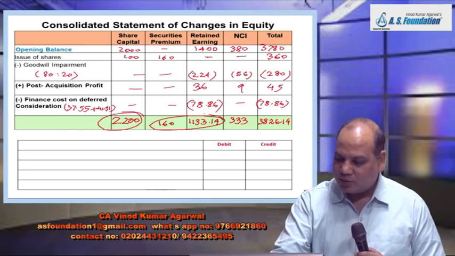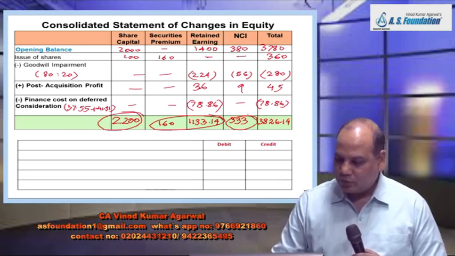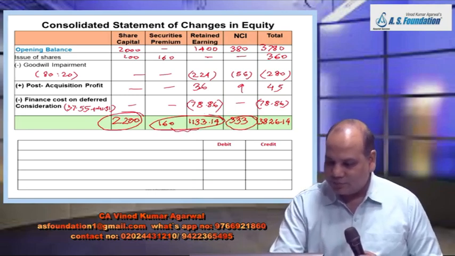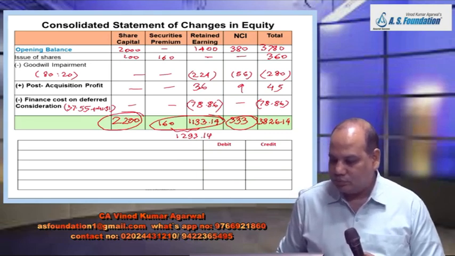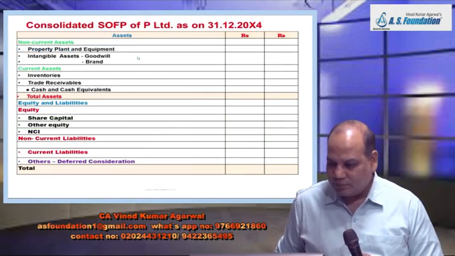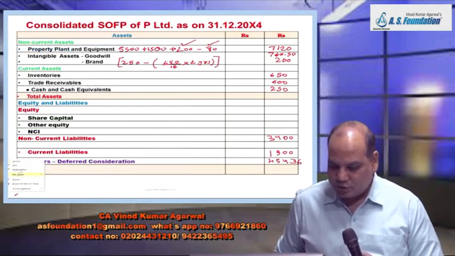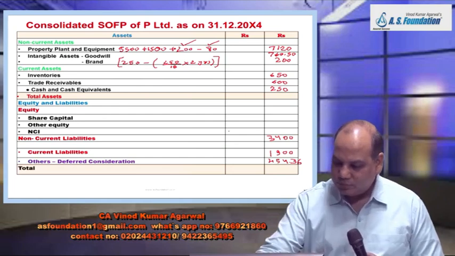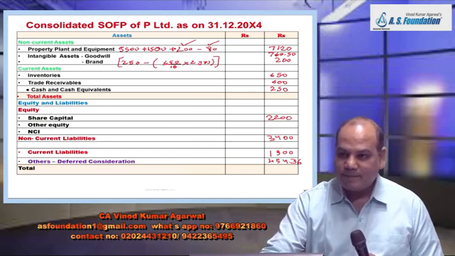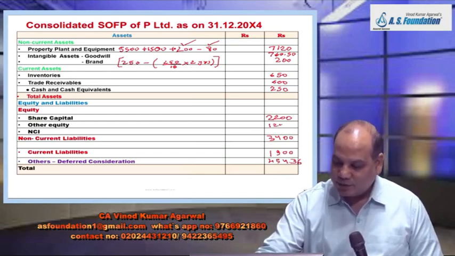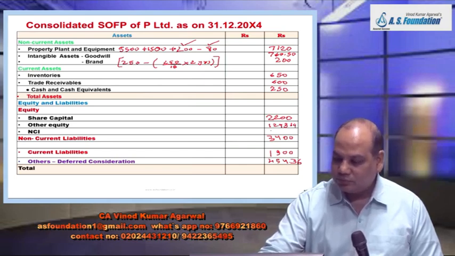2200 you write in share capital. What is the total of these two items for writing in other equity? 1293.14. So let us write down in the main page, share capital 2200, other equity how much you said? 1293.14, and NCI.